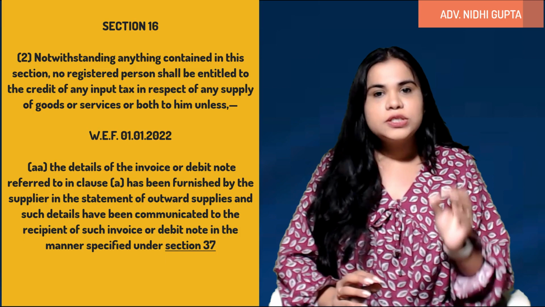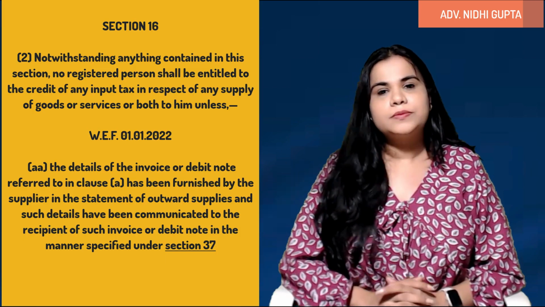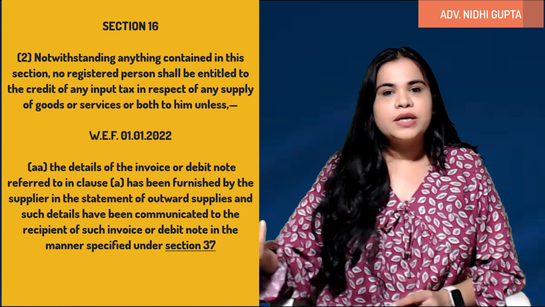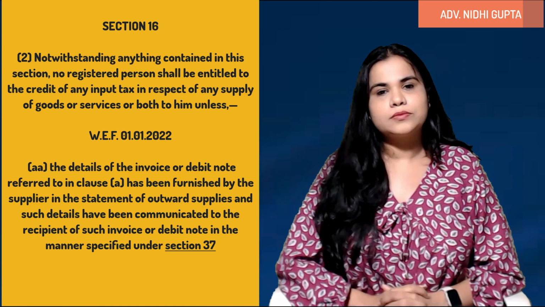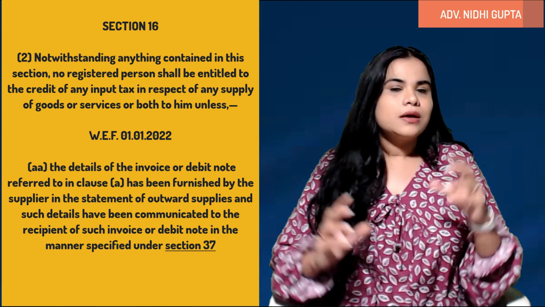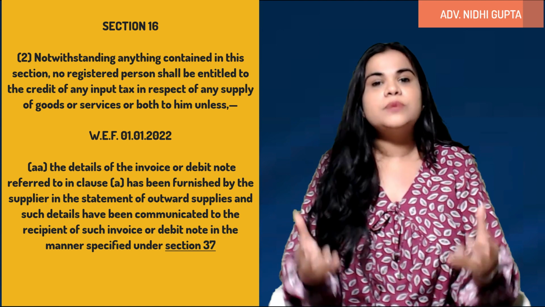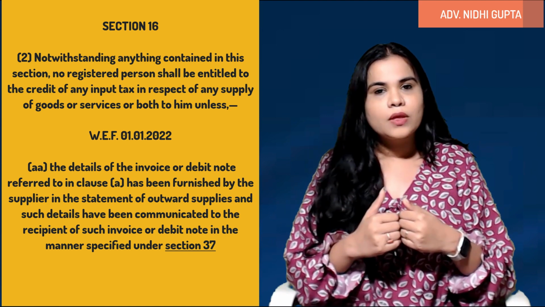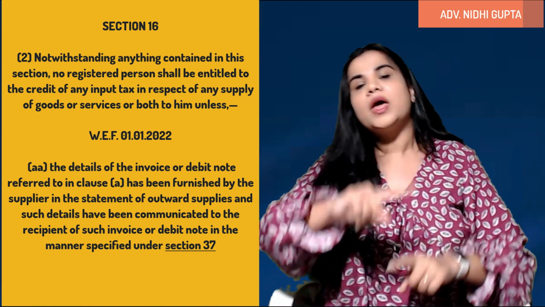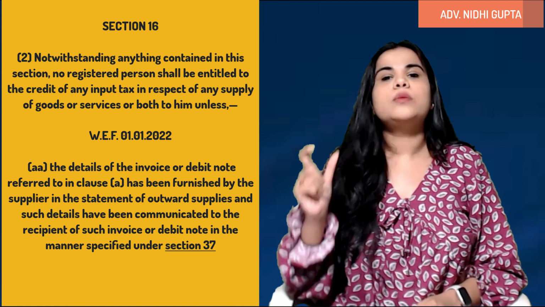With effect from 1st January 2022, one such condition is that the ITC he is availing must be getting reflected in his GSTR-2B. 16(2)(aa) talks about that the invoices on strength of which that recipient is availing that ITC must be indicated by his supplier in his outward supply, and those invoices are getting reflected in his inward supply in form GSTR-2B.